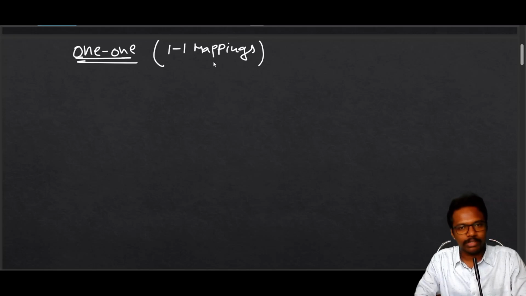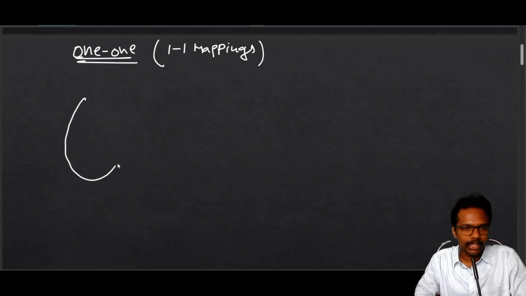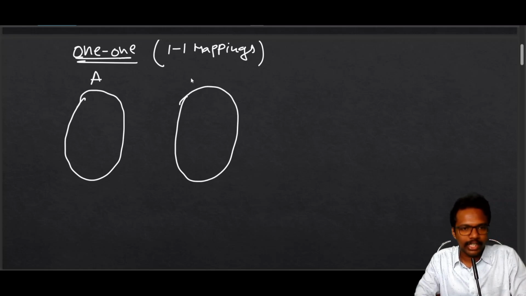So now I consider a domain here. This is the domain and this is the codomain. This is A and this is B. This A is nothing but the domain, and this B is nothing but the codomain.